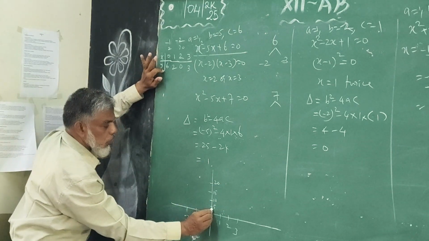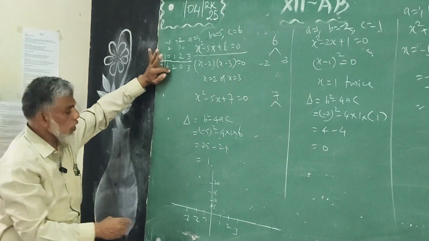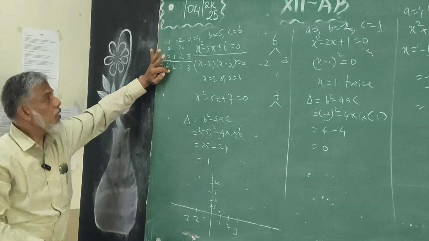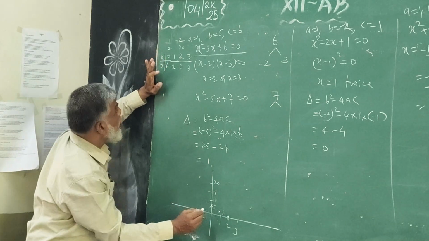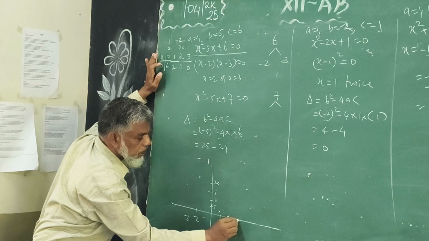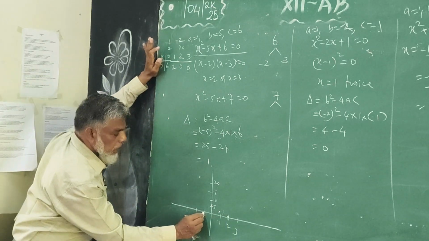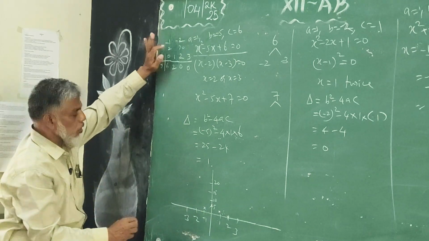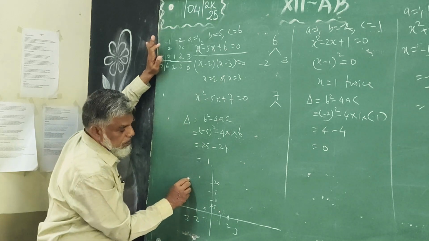Okay, 0, 6 is here. 1, 2 is here. 2, 0, 3, 0, then minus 1, 2, and minus 2, 20.